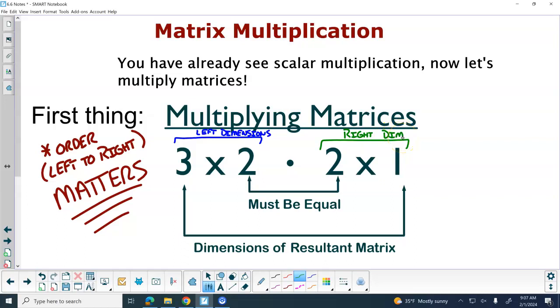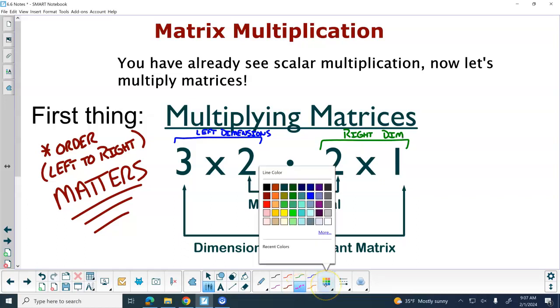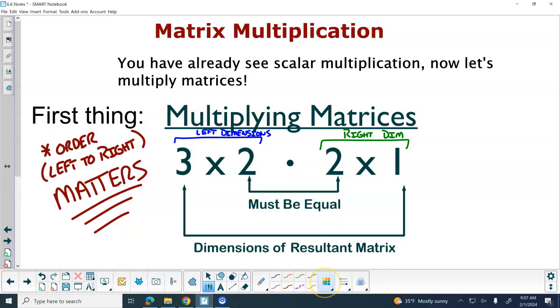Again, rows by columns. And these 2 middle numbers, right smack dab in the middle, have to be equal.